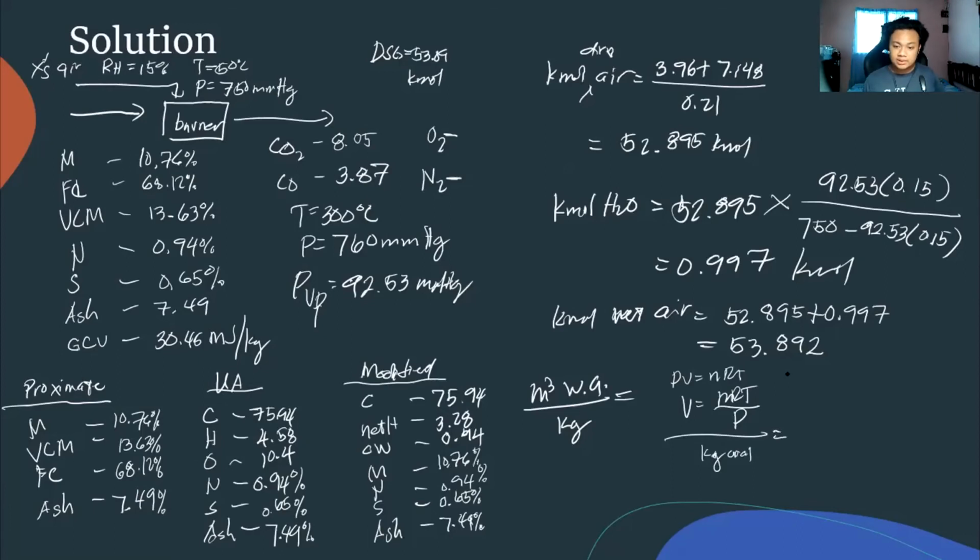Okay. So nRT, we have 53.892, diba? 53.892, but that's in kmol, so we have to operate in moles. So 53,892 moles. And then we have our R. Our temperature is 50 degrees Celsius, so that's 323 Kelvin.